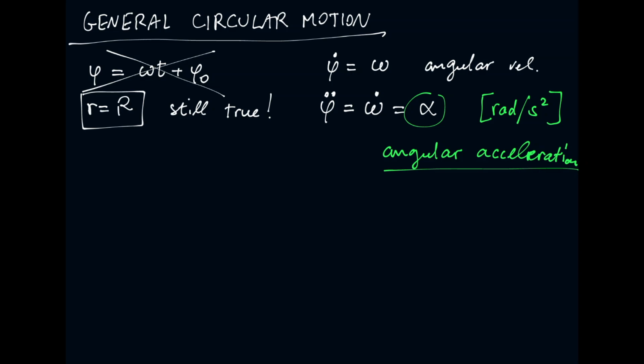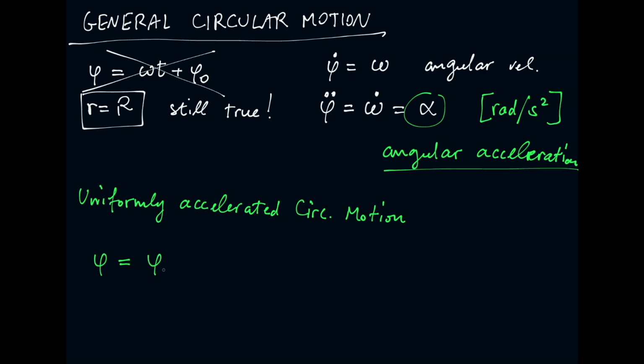And if we have uniformly accelerated circular or angular motion, then in a very analogous way to linear motion, phi is the initial value plus the initial value of the angular velocity times t plus 1/2 alpha t squared.